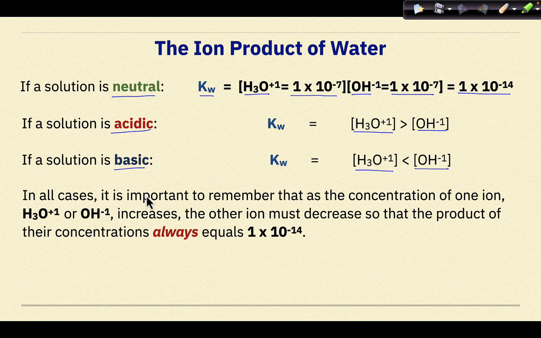In all cases, it is important to remember that as the concentration of one ion, whether it's the hydronium ion or the hydroxide ion, increases, the other ion must decrease so that the product of their concentrations always equals 1 × 10⁻¹⁴.